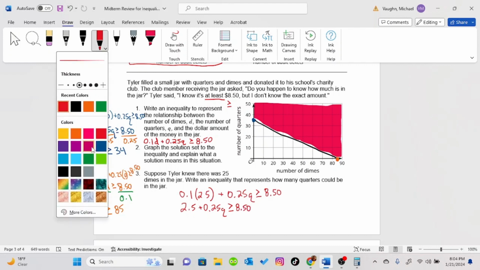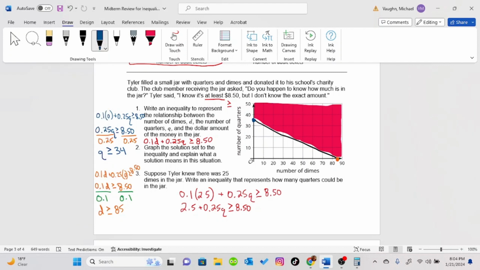We are going to subtract 2.5 from each side.